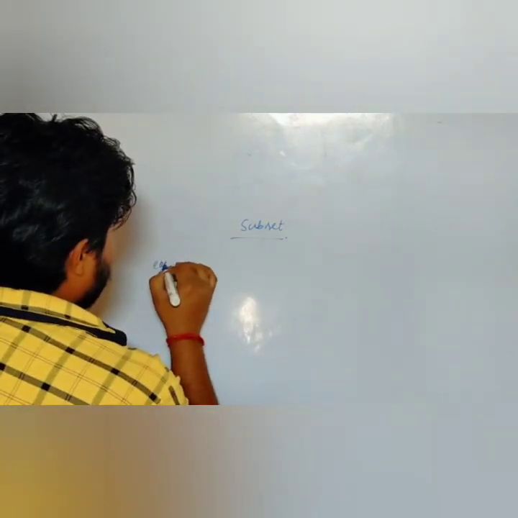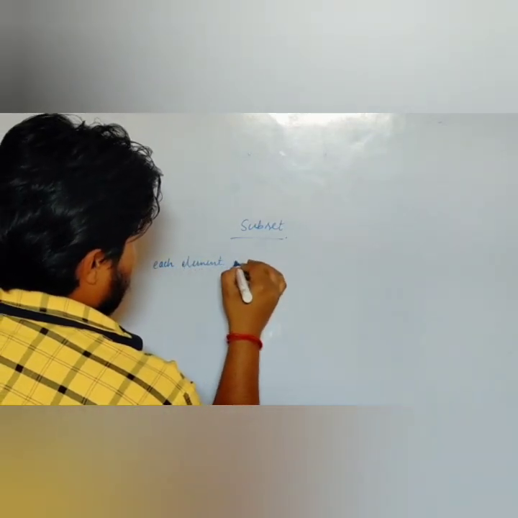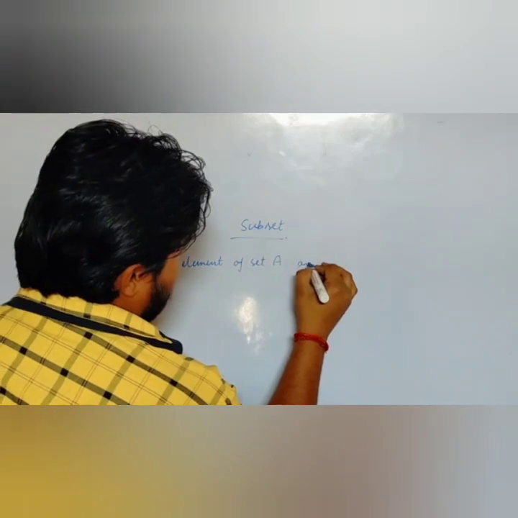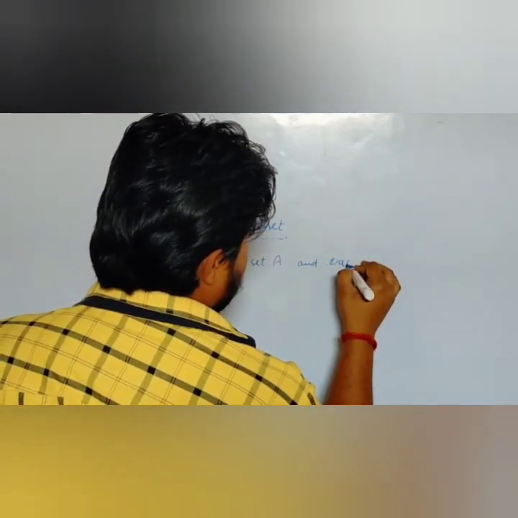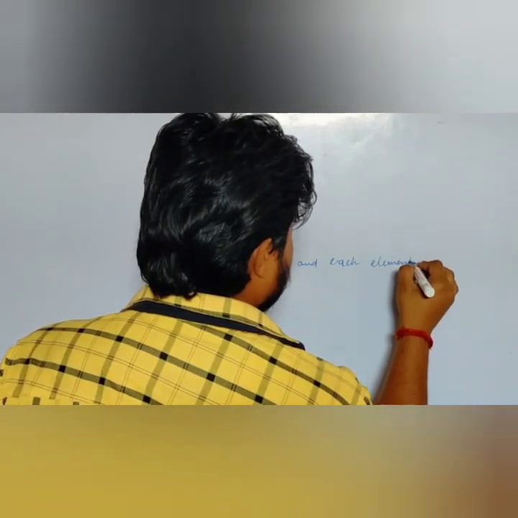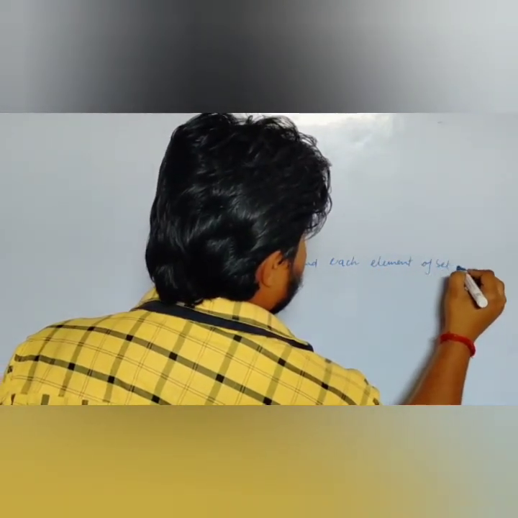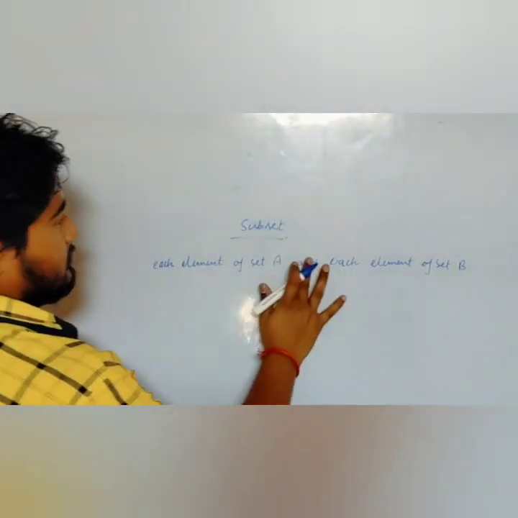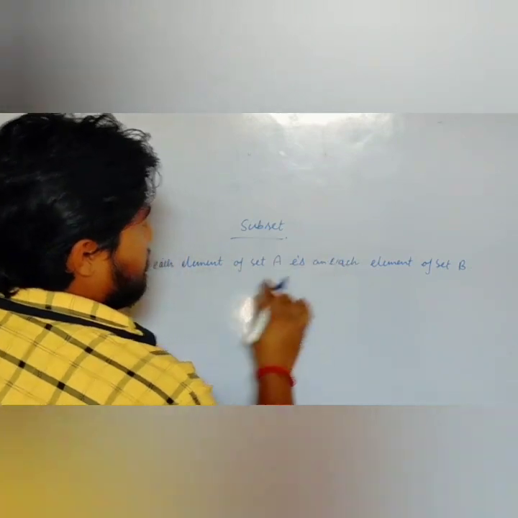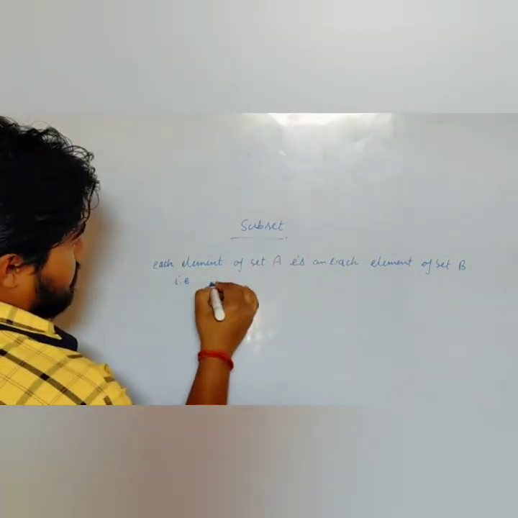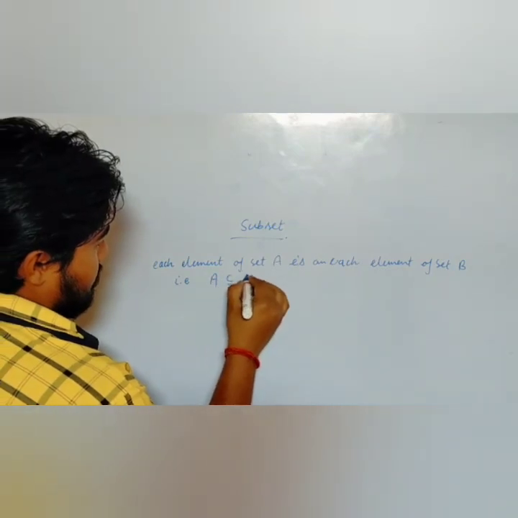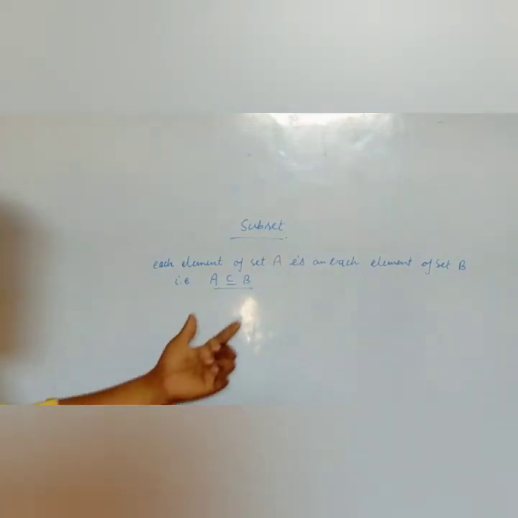A set is said to be a subset if each element of set A is the same as an element of set B. That means each element of set A and each element of set B, so that A is a subset of B. This is how it is represented.